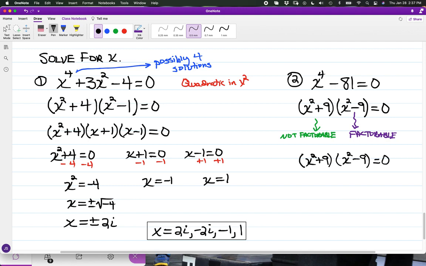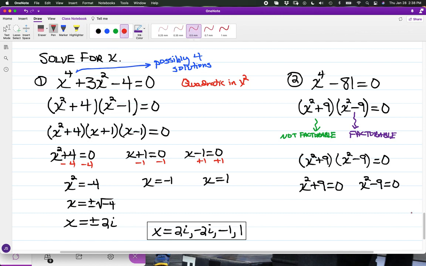So if I go ahead and set both of these equal to 0, I have x squared plus 9 is equal to 0, and x squared minus 9 is equal to 0.